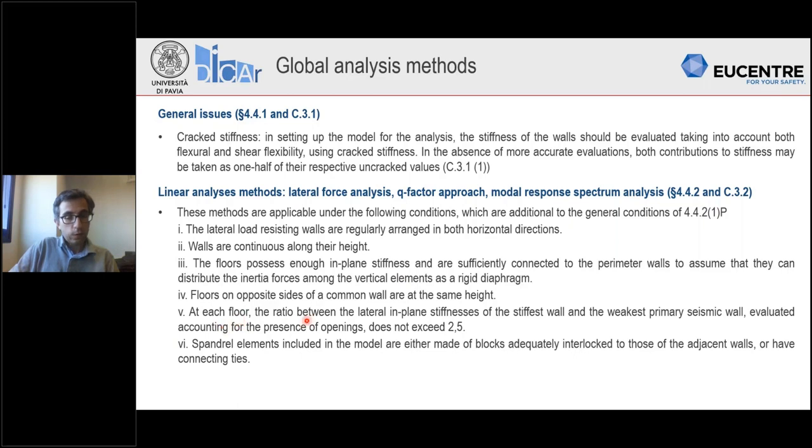You are required also to have a difference of the in-plane stiffness among the different walls which is not exceeding a limit value.